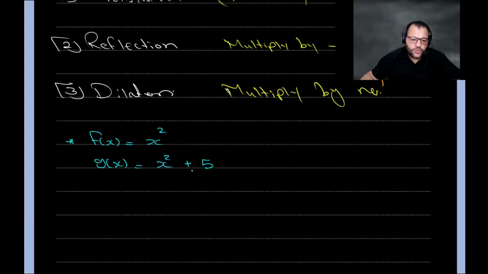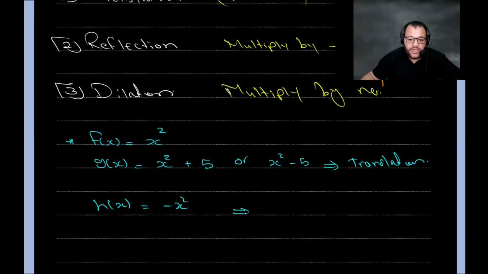You will find x squared plus 5, or x squared minus 5. It means the type of transformation is translation. If you find the function h of x equals negative x squared, we multiply by negative, so this function is a reflection.